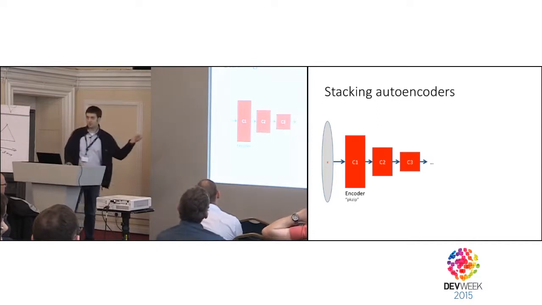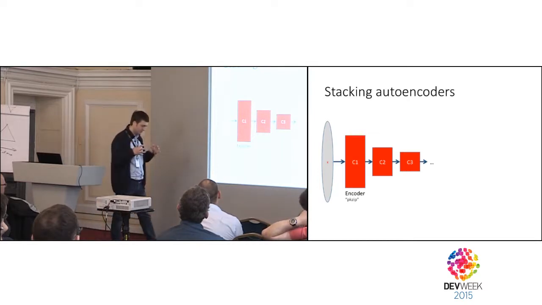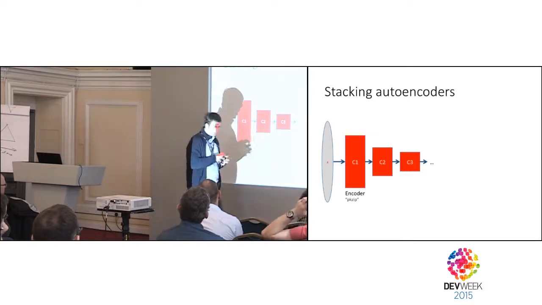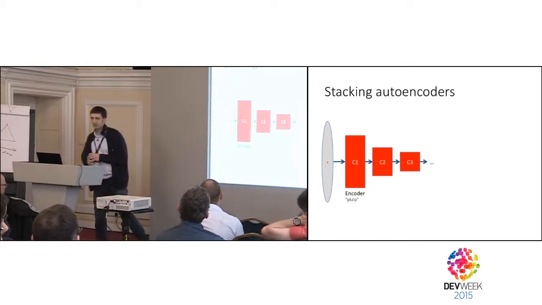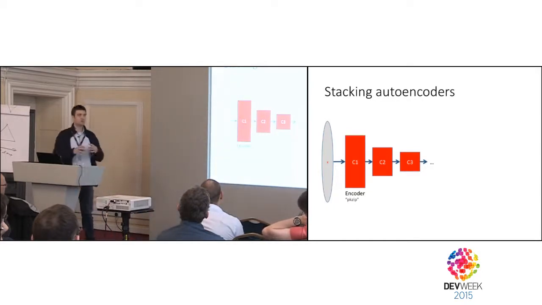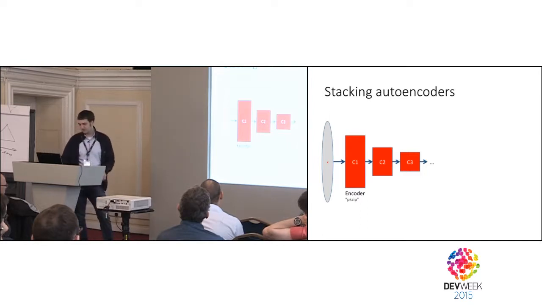And we can do this recursively many times. So each autoencoder compresses our data more and more and finds more and more high-level information dependency in the data. We will talk about this a little later.